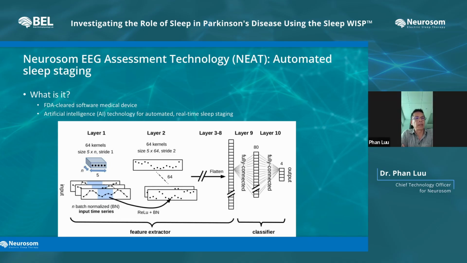So NEAT basically does real-time sleep classification to identify certain stages of sleep, the stage in which we want to initiate TES. And in this case, it's the presence of stable N2 sleep. And then we can start the slow wave stimulation to synchronize slow waves of sleep for N3. So it's basically a convolutional neural network.